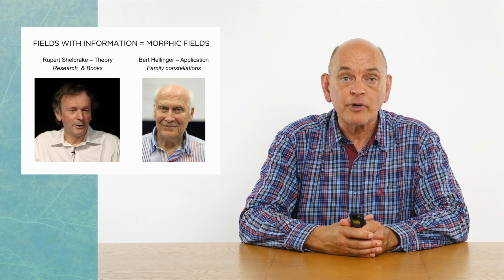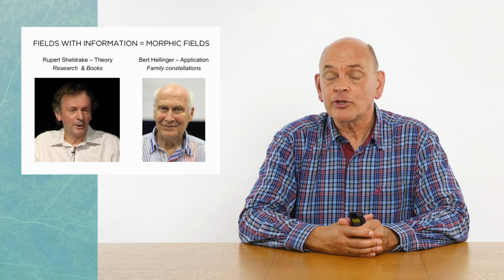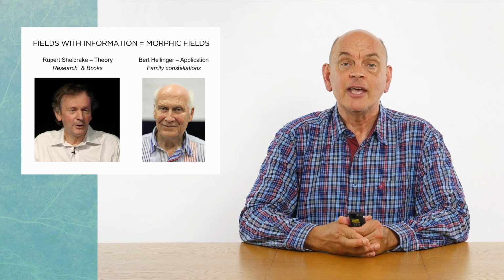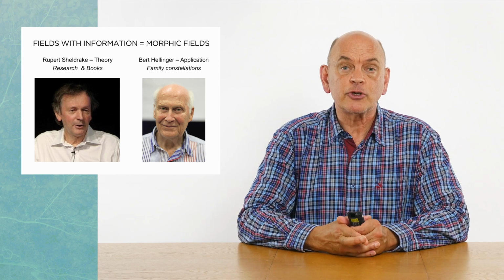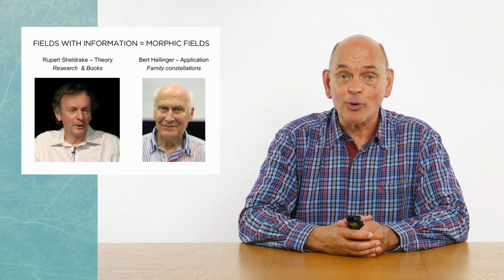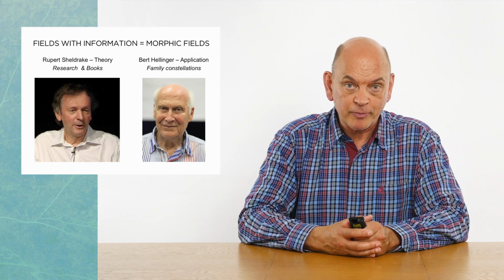We can all bring it together into morphic fields. And I think it would be an advantage for the people working with constellations, because there's a lot of scientific backup for this whole theory of morphic fields. It also makes it easier for you to talk about family constellations with many skeptical people.